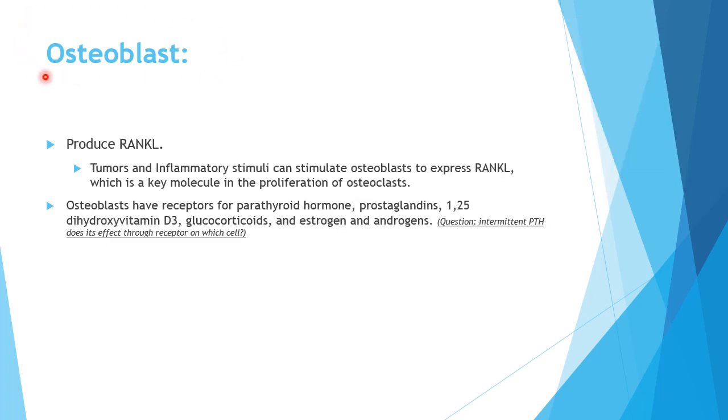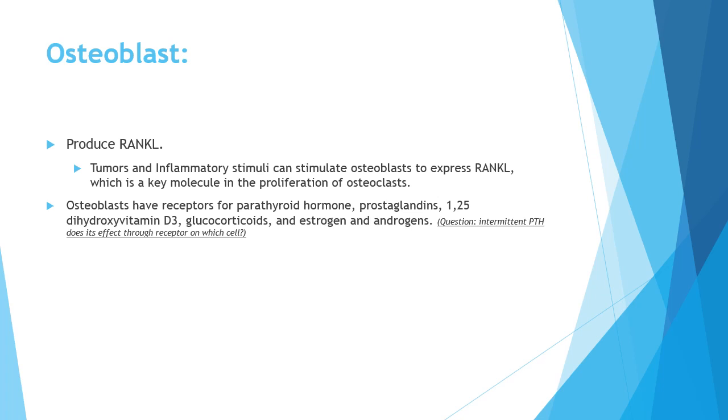Other important aspects about osteoblast: it has the RANKL. I know I discussed this in detail in two slides, but I'd like to repeat it. Remember, RANKL is on the osteoblast, and the more RANKL production and expression on the osteoblast, the more cells are going to differentiate into osteoclast, as we discussed. Many pathways which end with bone destruction do this through more production of RANKL on the osteoblast.